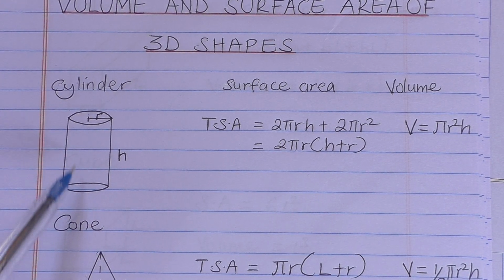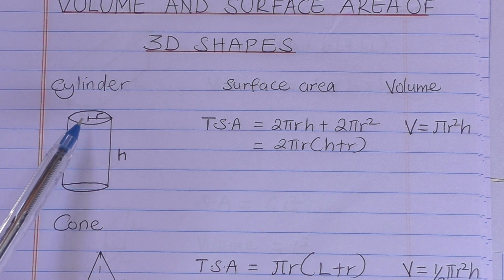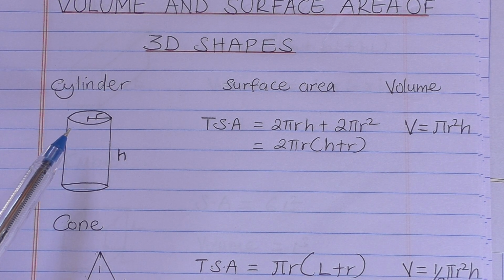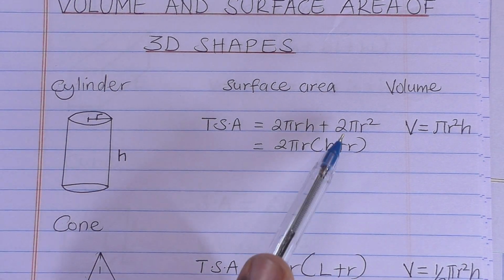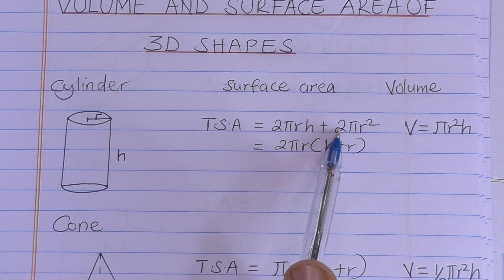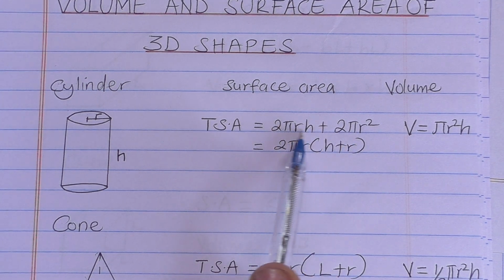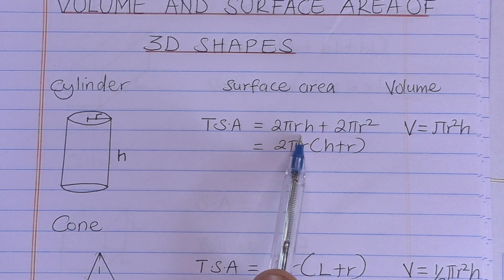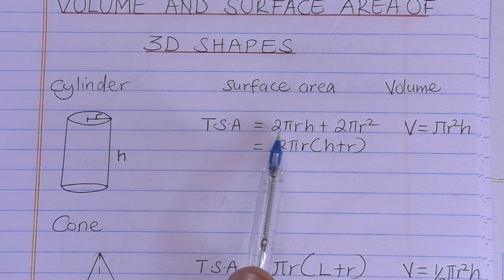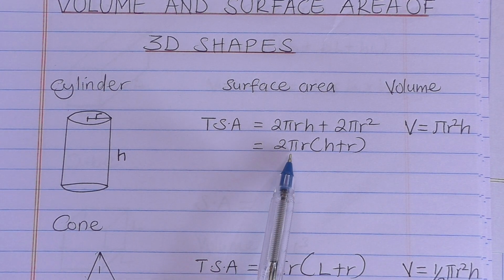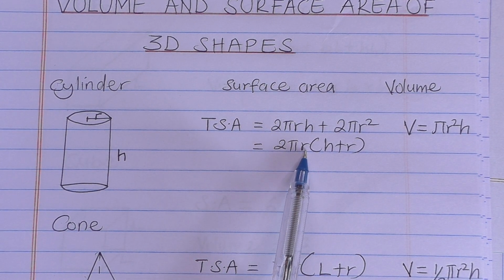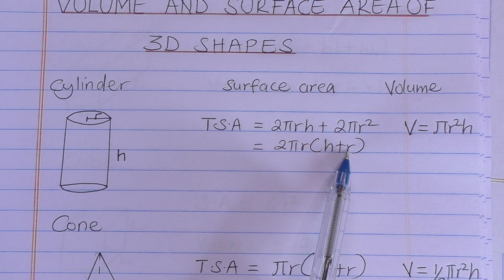The area of those circles is pi r squared, but since they are 2, that's why we multiply by 2. So this is the area of the 2 ending circles, and this is the area of the curved surface, hence giving us a total surface area of 2 pi r into (h plus r).